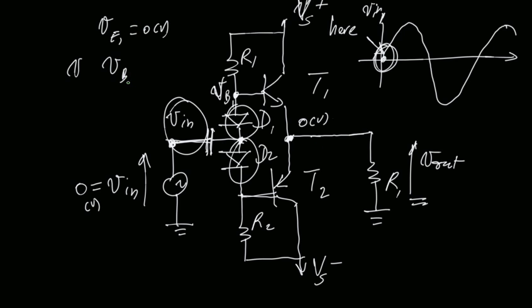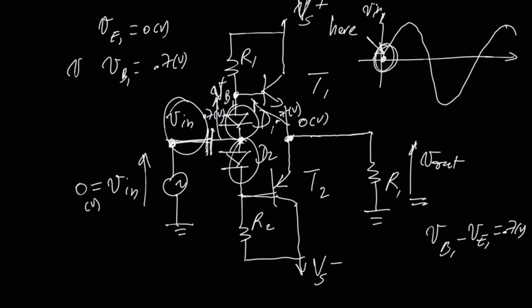VB1 is at 0.7 volts over VE1, because this diode is forward biased. That means VB1 minus VE1 is 0.7 volts. The voltage between here and here is 0.7 volts.